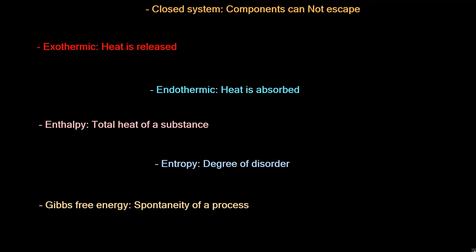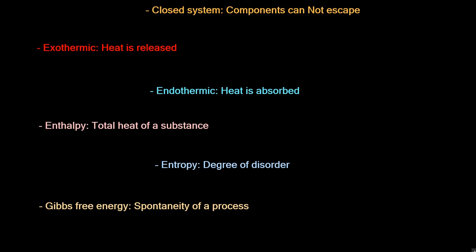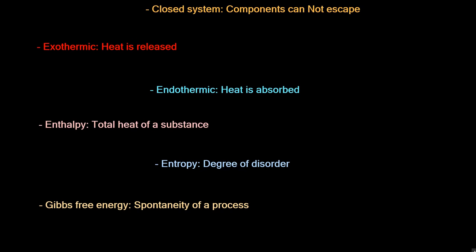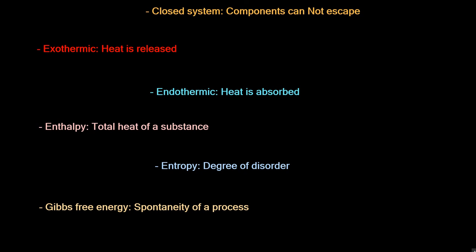Exothermic is when heat is released. Endothermic is when heat is absorbed. Enthalpy is the total heat of a substance. Entropy is the degree of disorder within a system, and Gibbs free energy is the measure of spontaneity within a process.